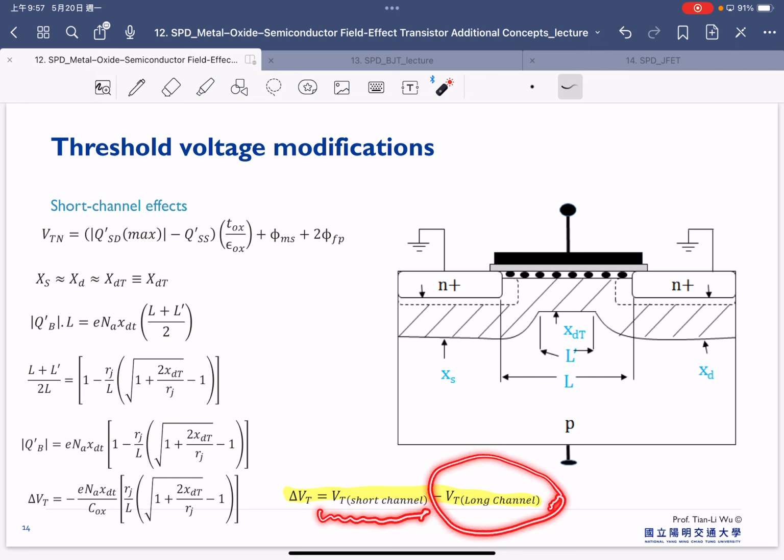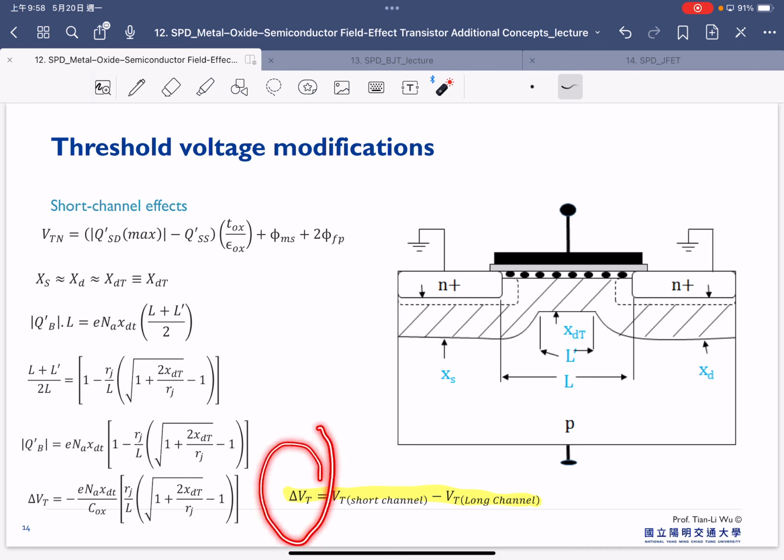So this is a nice evidence to indicate the short channel effect. If you look at the literature, you will find that in most of the literature, if they want to prove that there's a short channel effect, they always plot the delta VT versus the channel length.